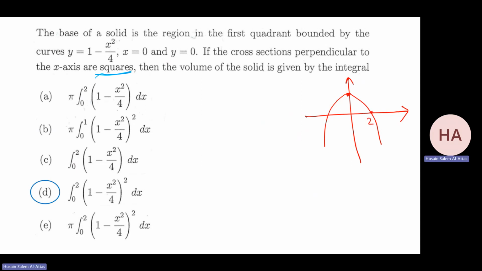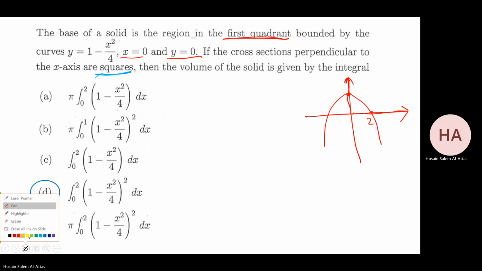So this is 2. This is what I need. At x equal minus 2, I don't care about this. Why? Because look at the region. First quadrant, he said. And also he said x equals 0, y equals 0. So the region will be bounded by all of this. I'm talking about this region, and the x-axis. So this is my base.